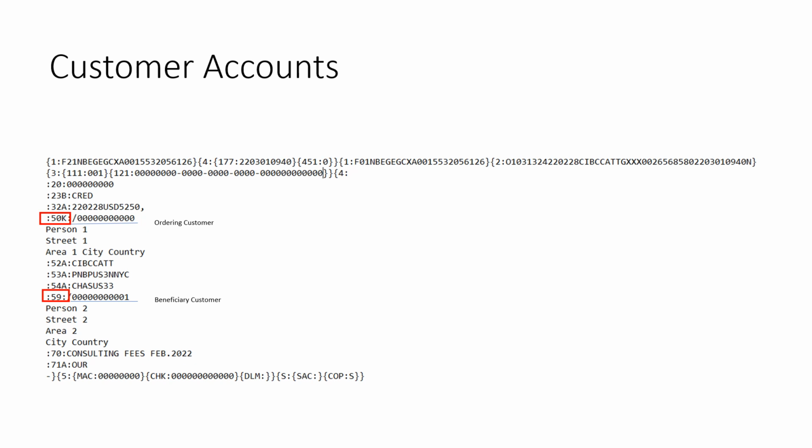So, in case this is an incoming message to the bank, the receiver bank's customer will be the beneficiary customer, as the bank is receiving funds for its customer. In case this is an outgoing message, the sender bank's customer will be the ordering customer, as he's the one who's sending funds to another customer in another bank.